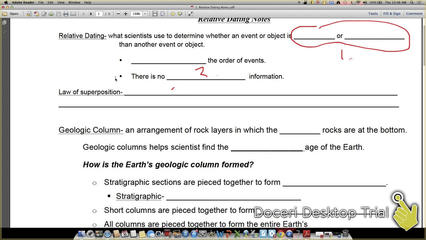Number 3, give your definition of law of superposition. Look at your own papers and don't talk. Number 4, a geologic column is an arrangement of rock layers in which the blank rocks are at the bottom.